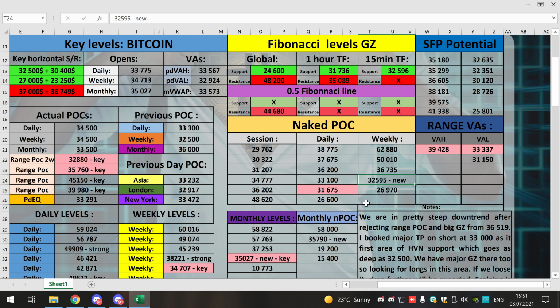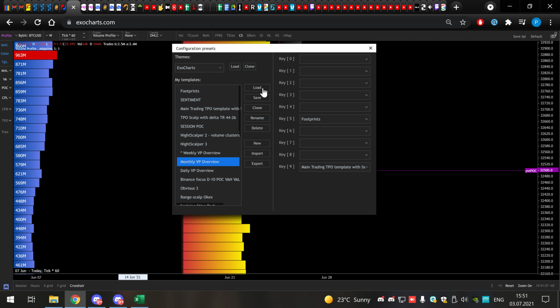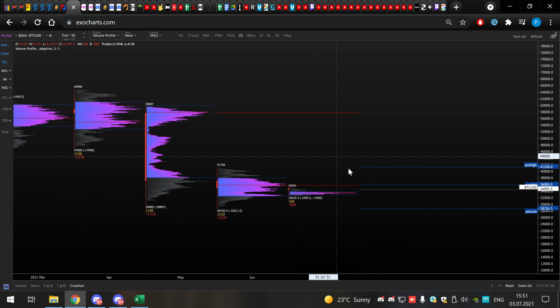We have the monthly levels. I explained how to map monthly levels as well in this video for daily and weekly, so there is nothing new here. And then we have the monthly point of control. I doubt there will be a change, but you will be looking for monthly over here, the monthly template.